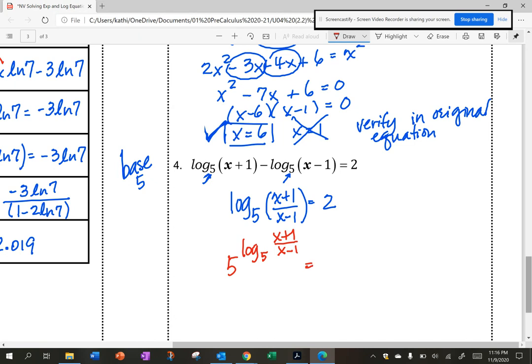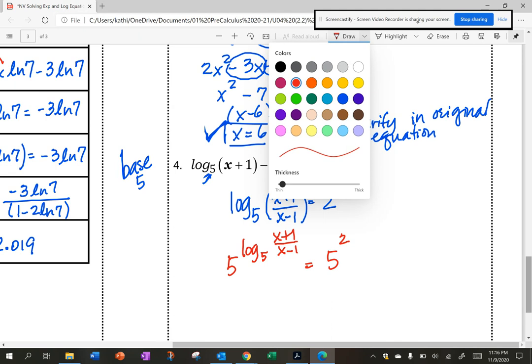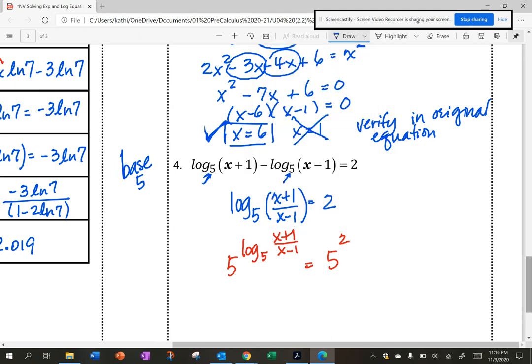And whatever I do on the left side, I have to do on the right side. So I am exponentiating the right side. So what I have is my inverse functions undoing each other. So I have exponential and logarithmic of the same base. So these undo each other.